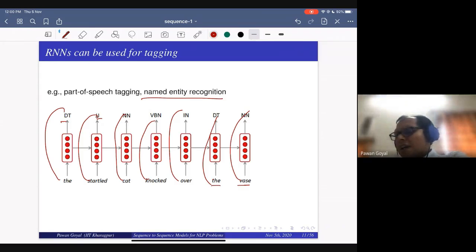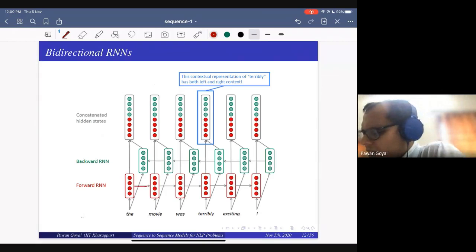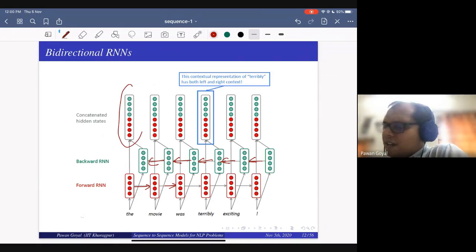Now, I think bidirectional is also very clear to you now. So you can do an RNN in the forward direction. And similarly, you can do an RNN in the backward direction. And then you can concatenate the two hidden states and use that for whatever output you are doing.